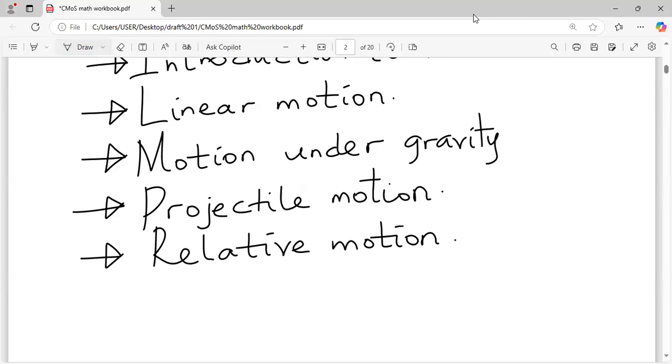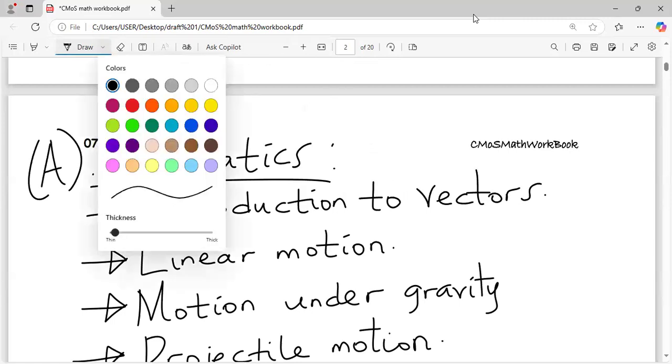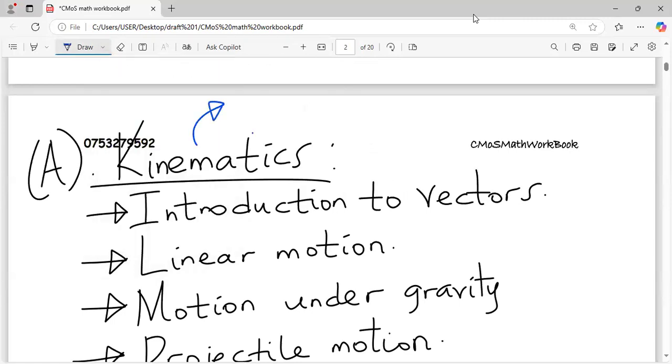So those are the 5 topics for kinematics. From those 5, that's where they choose a question from section A and then a question from section B.